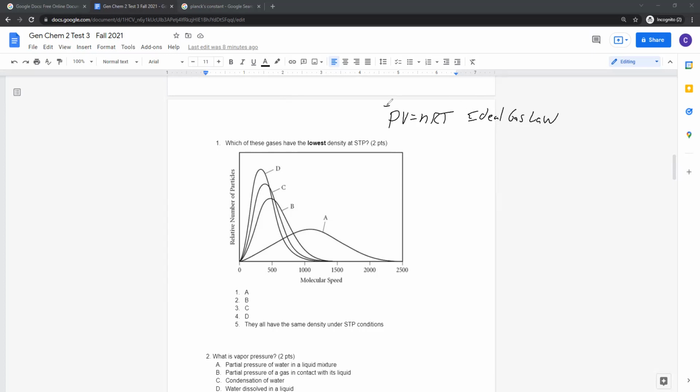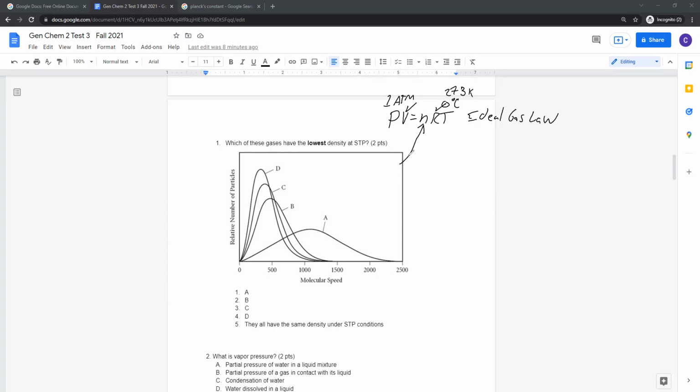So pressure is at 1 atmosphere, temperature is at 0 Celsius or 273 Kelvin, right? If we're at these conditions and all of these gases are in the same volume, that means all of these gases, A, B, C, and D, have to have the same value of n, right? Because if P, V, T, and R is a constant, if these are the same for gases, then n is the same for all of those gases.